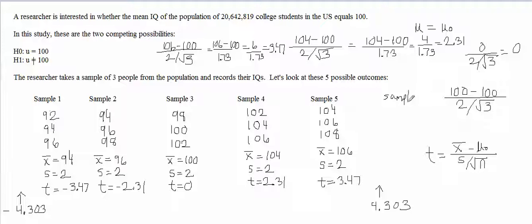It throws off the numbering, but we'll just ignore the numbering. We'll do 106, 108, and 110. Sample mean is 108.